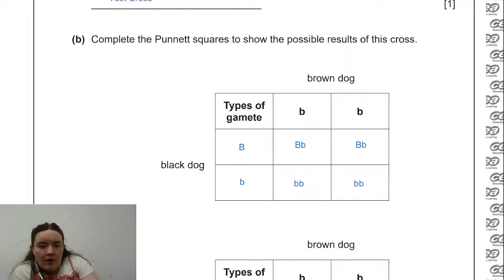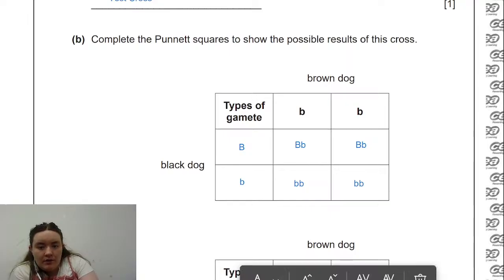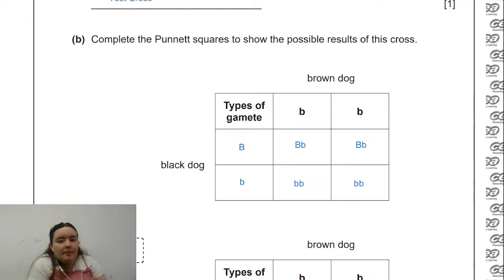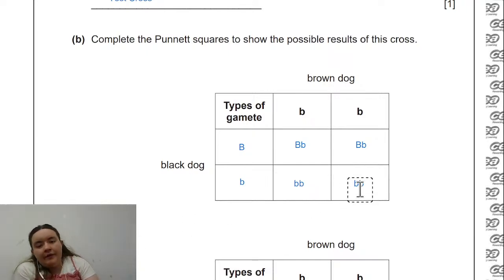And in this one, all of the genotypes we end up with are going to be dominant. So if the dog had a heterozygous genotype, which basically means that the two letters are different, then it's got a 50% chance of its offspring being black and 50% chance of its offspring being brown.